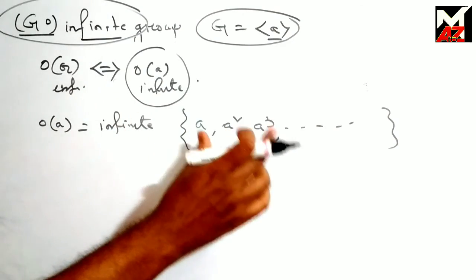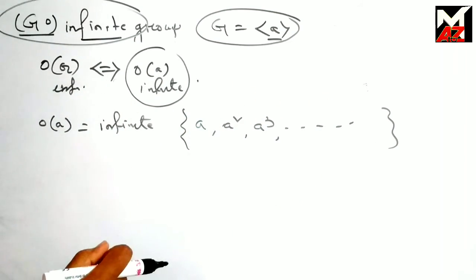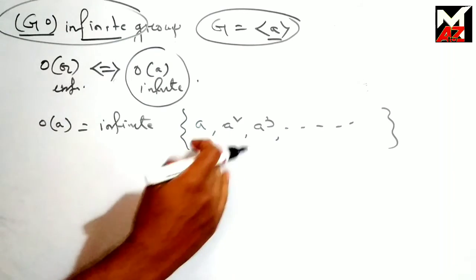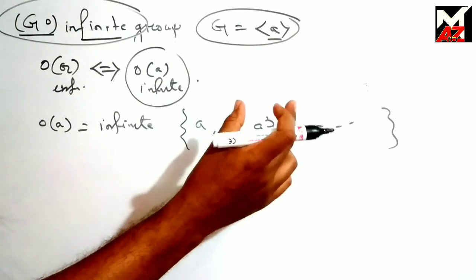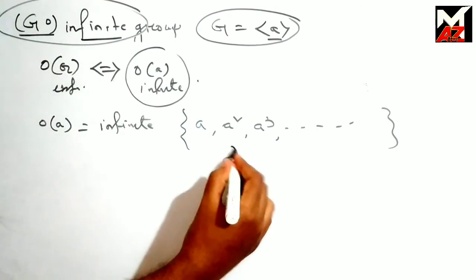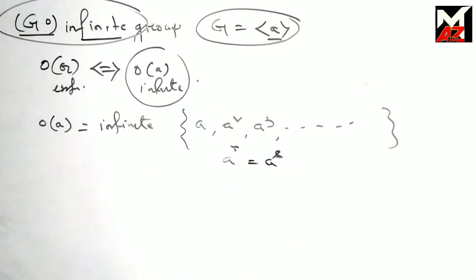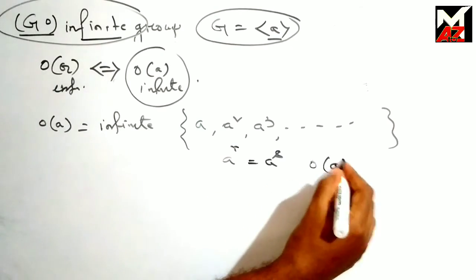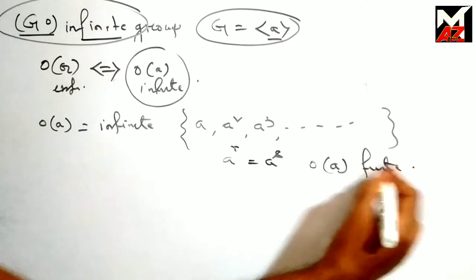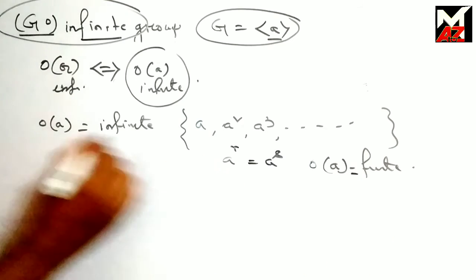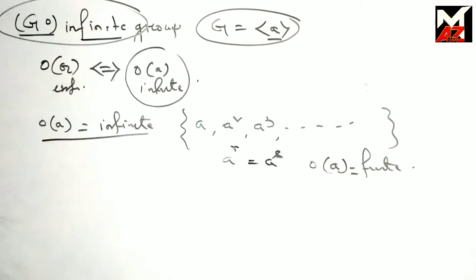Because if these are not infinitely many distinct elements, if some two are equal, let A to the power r be equal to A to the power s, then in the previous manner we say that the order of A must be finite. But this is not so, because it is given that it is infinite.